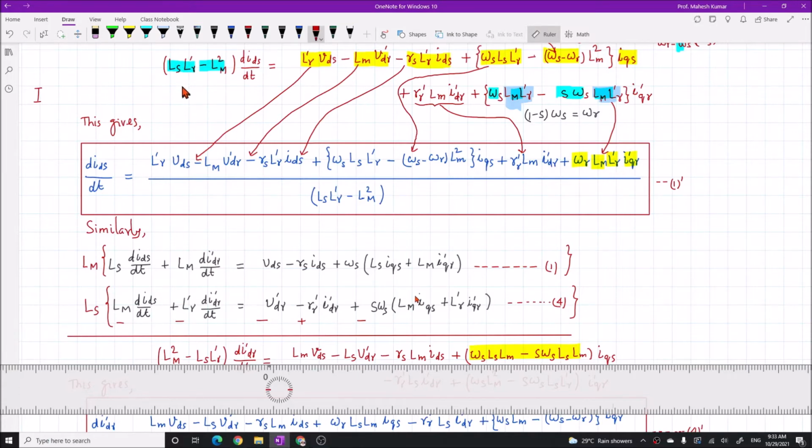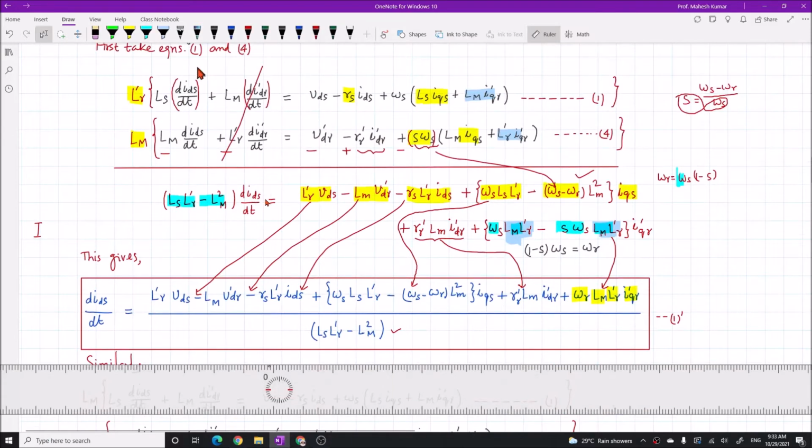Divide by LS LR' minus LM². So this is the first derivative in IDS. This is more useful because when we solve the whole equation, we will get direct values of the currents.